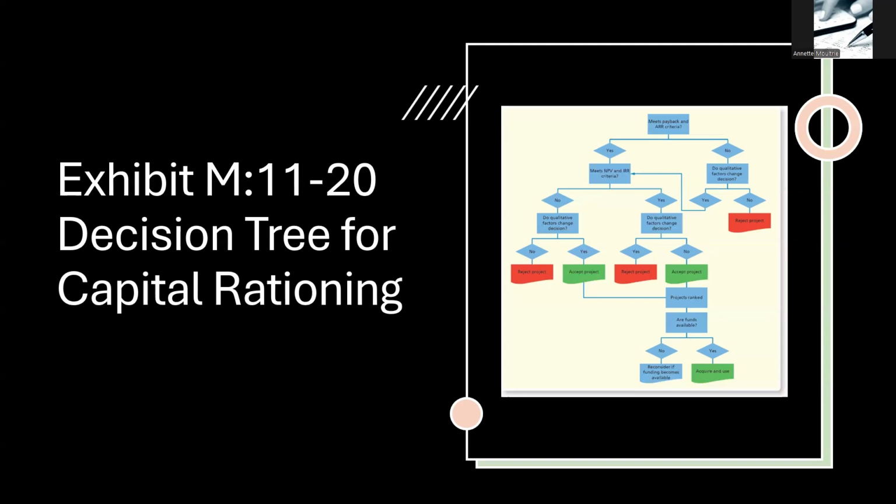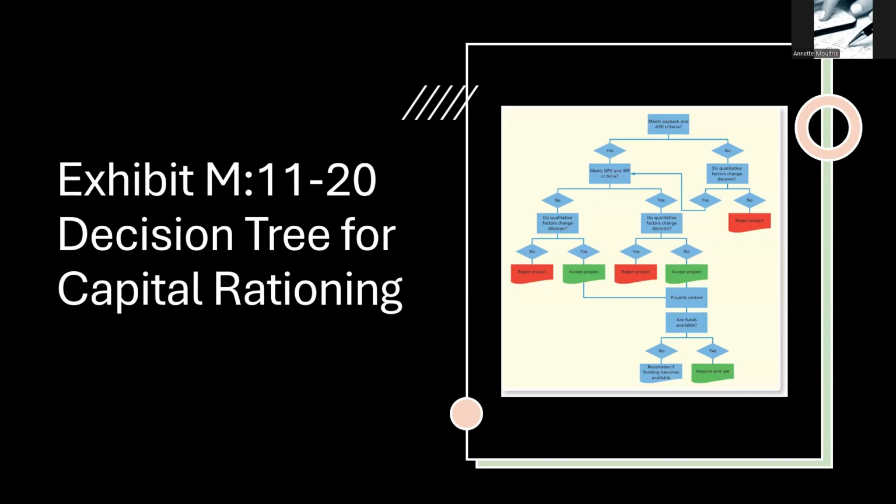Now, if the plan does not meet the criteria, determine if the qualitative factors change the decision. If qualitative factors do not change the decision, reject the project. If qualitative factors do change the decision, accept the project and proceed to project ranking.